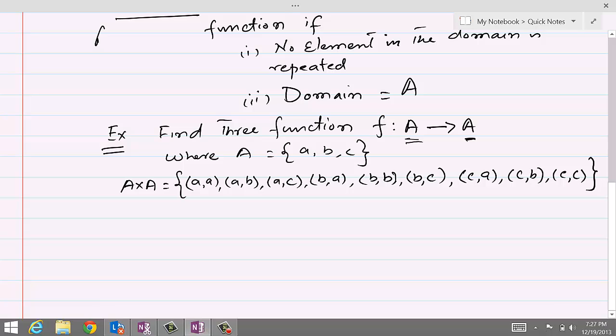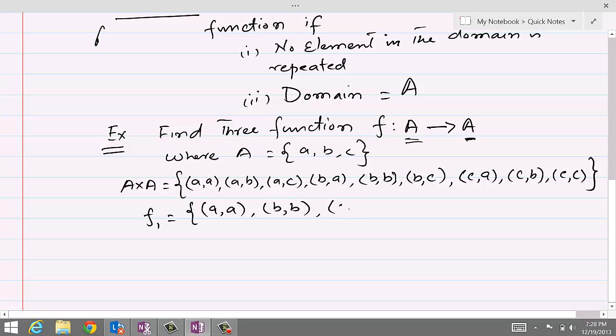We need three subsets of A cross A which can qualify those two conditions. So let's call the first F1, one relation, and we are going to take (a,a), (b,b), and (c,c).